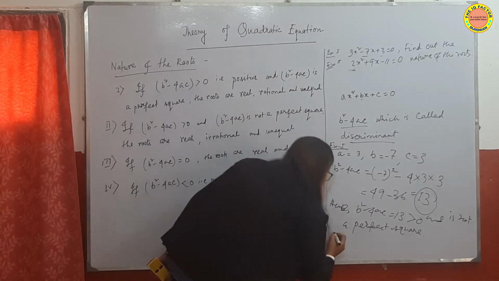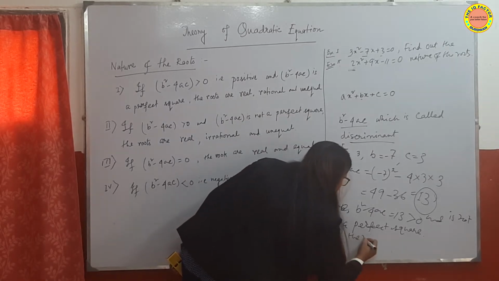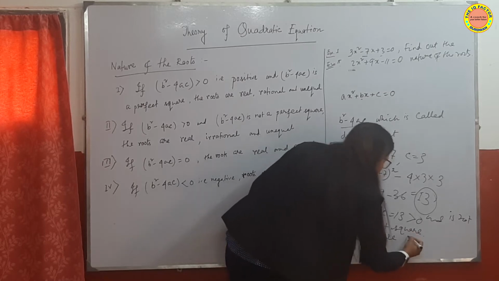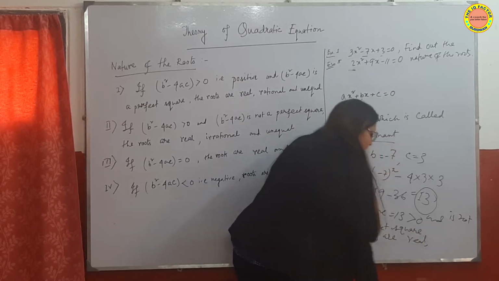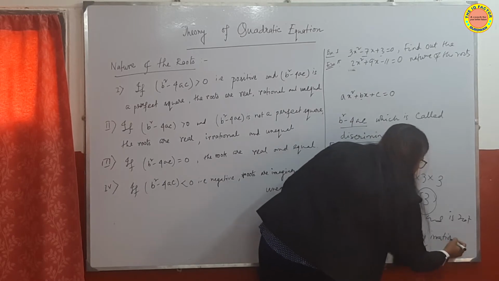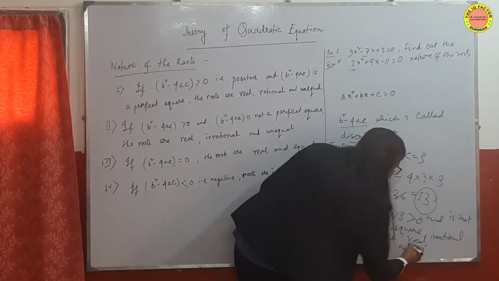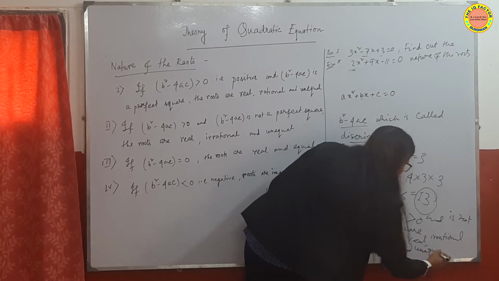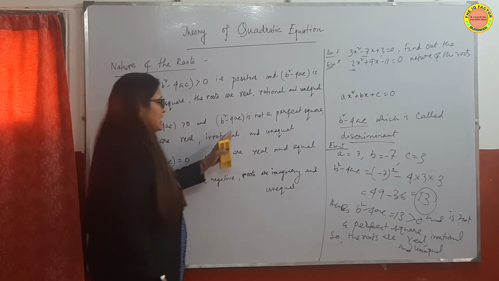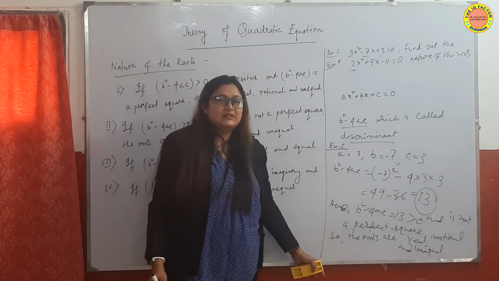So, the roots are real, irrational and unequal. The second, real, irrational and unequal.